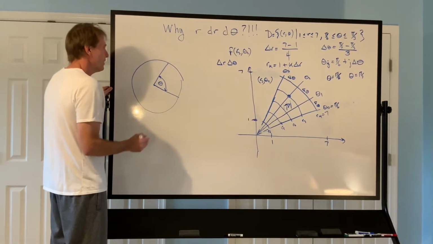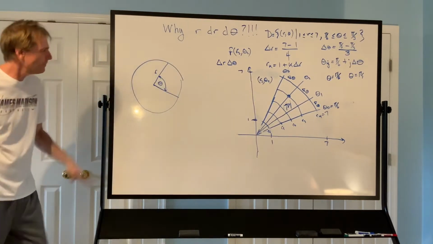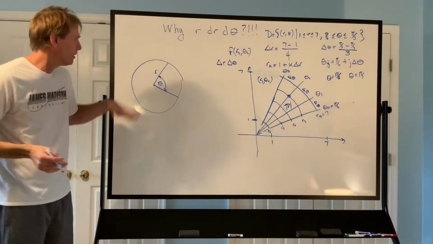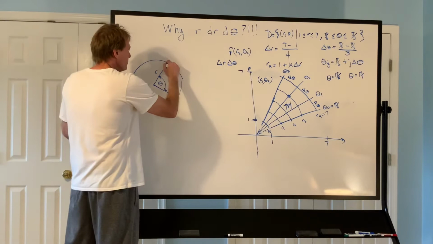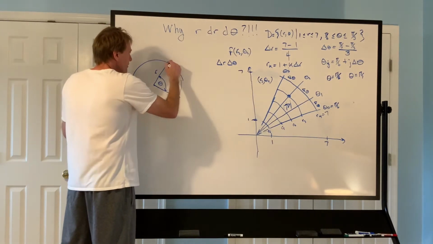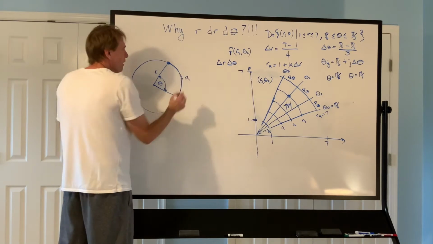Suppose we also know the radius r. For example, suppose theta is pi over 4 and the radius is 7. Given that information, should you be able to find the length of that arc A?